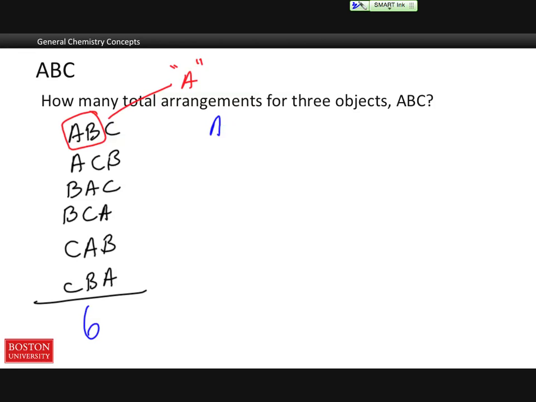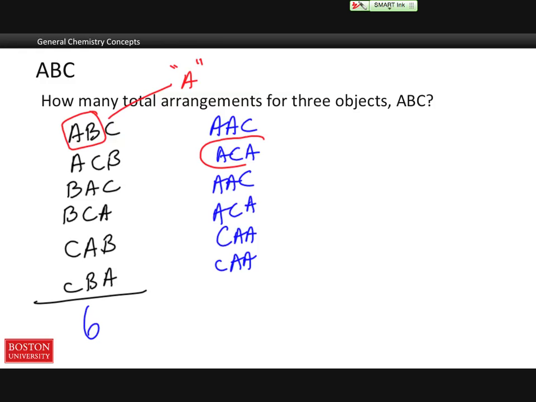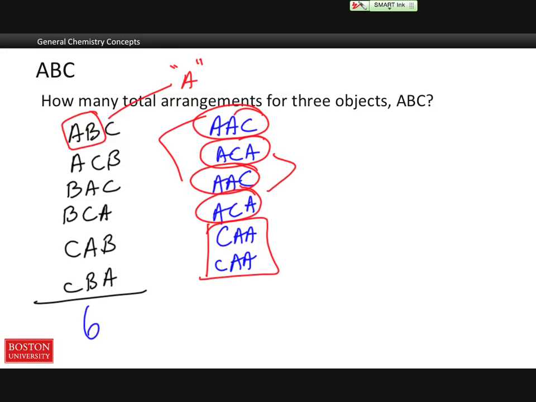Hopefully you saw that your arrangements were AAC, ACA, AAC, ACA, CAA, CAA. Notice, however, here's ACA and ACA, here's AAC and AAC, and here's CAA. We have 1, 2, 3 ways of arranging these three.